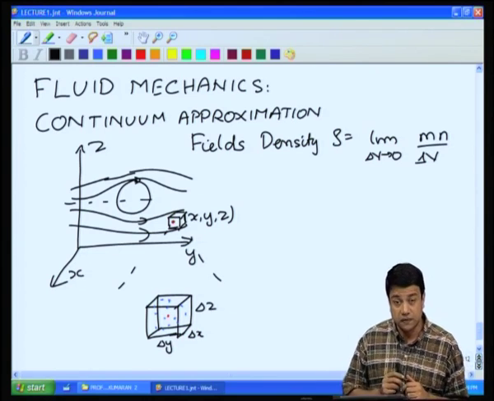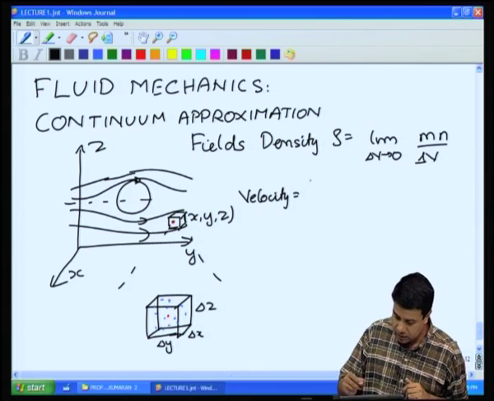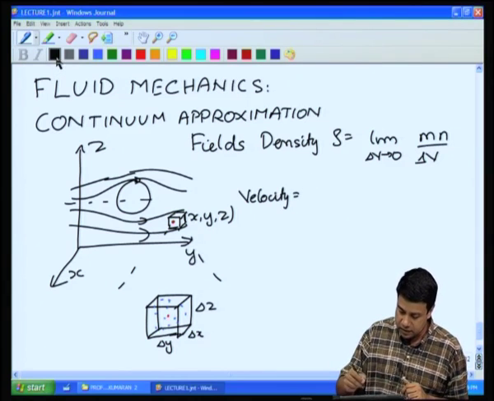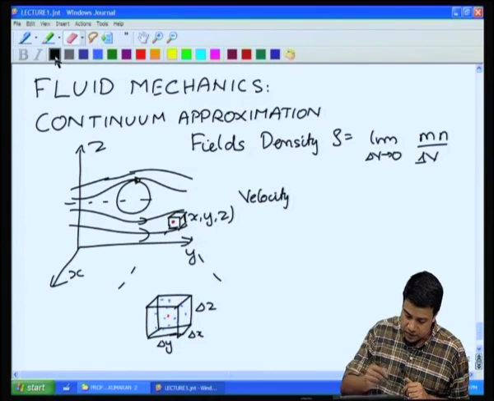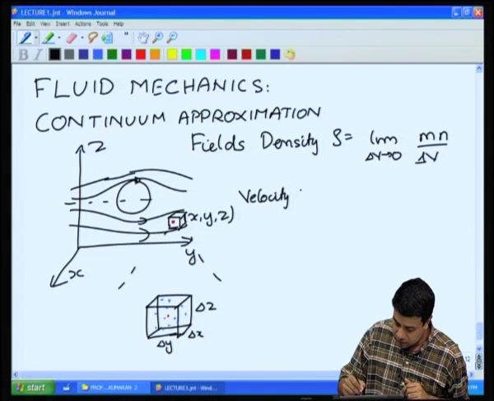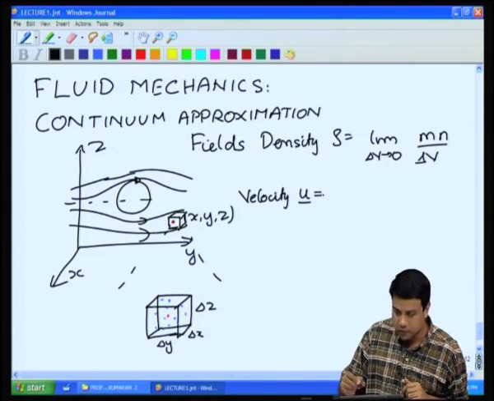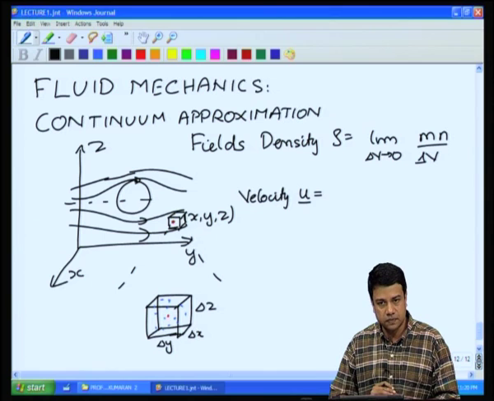What about the velocity field? The velocity field, as I said, is a vector. So, for this vector I will use the notation u under bar, to denote that it is a vector. Here what I do is I go to this differential volume.